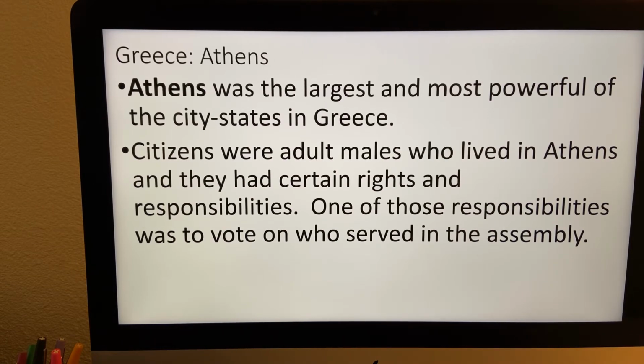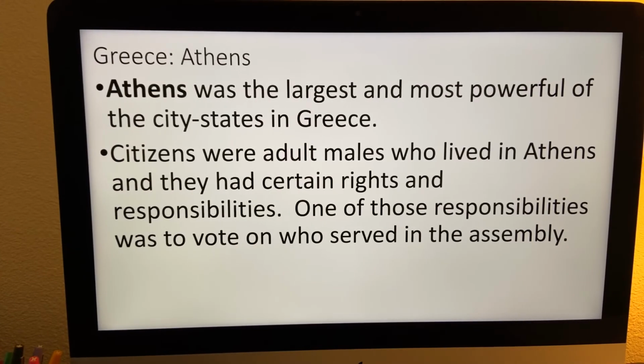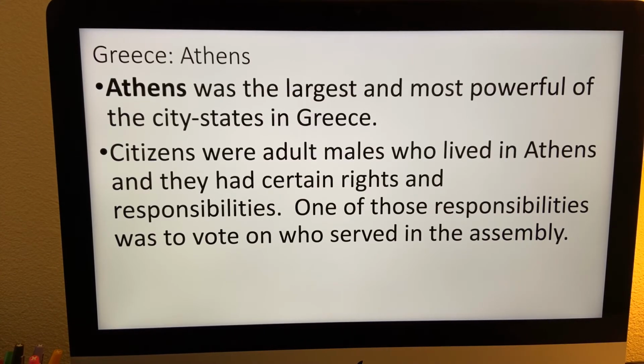Now, Athens was one of the most powerful city-states in Greece. Now, citizens were adult males who lived in Athens, and they had certain rights and responsibilities. One of those responsibilities was to vote on who served in the assembly.